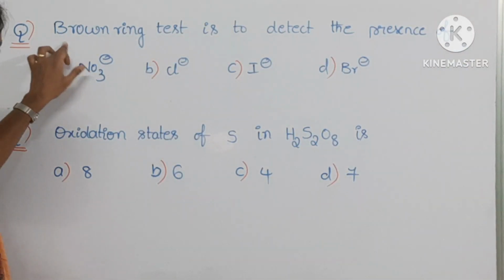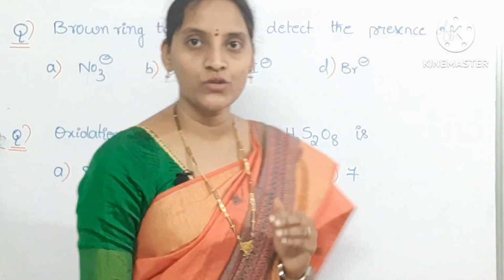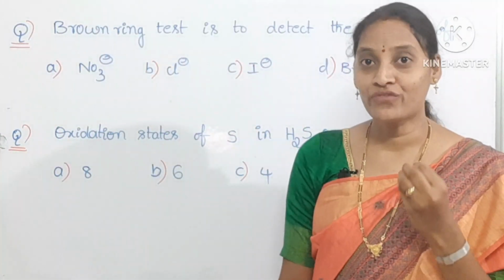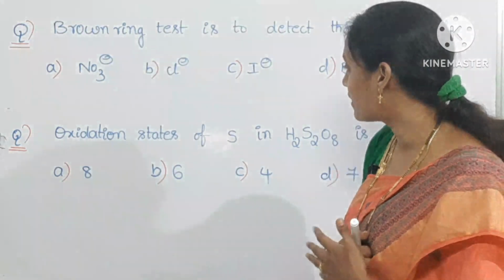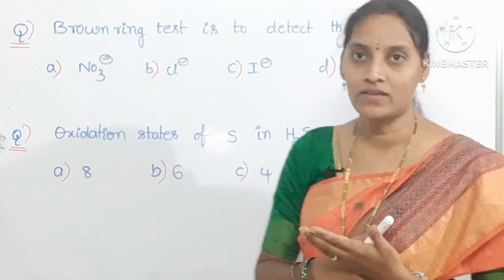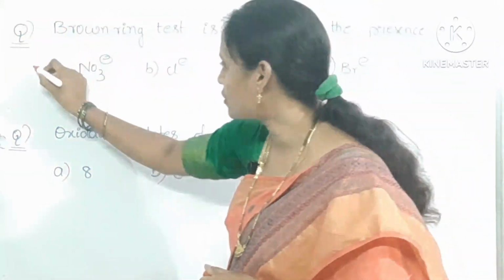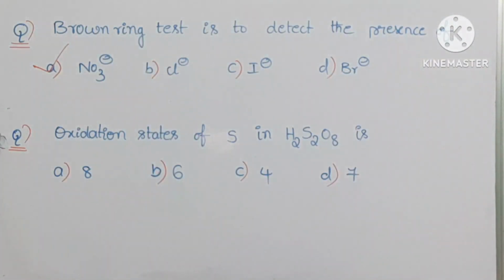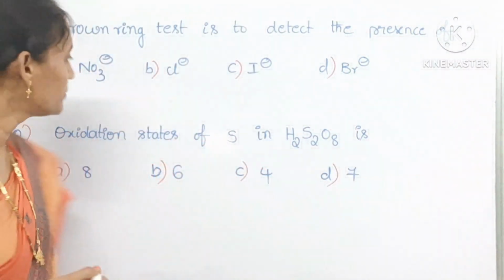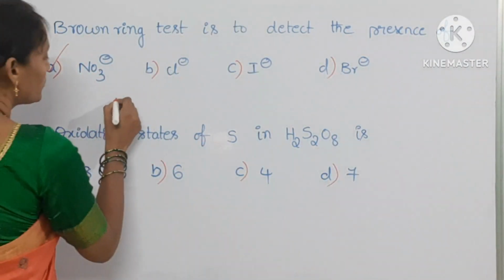In the next question, the brown ring test is used to detect the presence of which ion among the following options: nitrate, chloride, iodide and bromide. The first option, the nitrate ion, is the answer. It is used for identification of a nitrate ion. How do you use it?